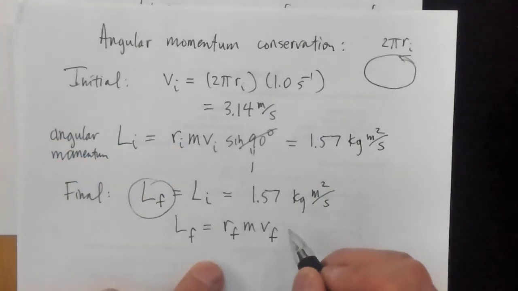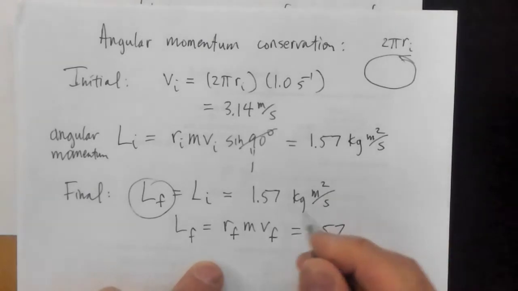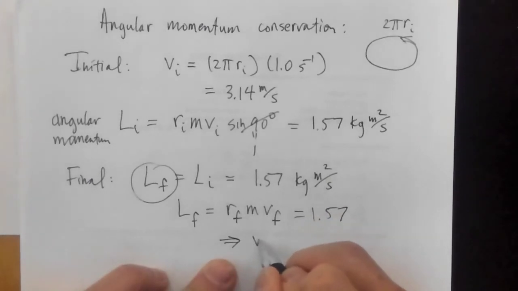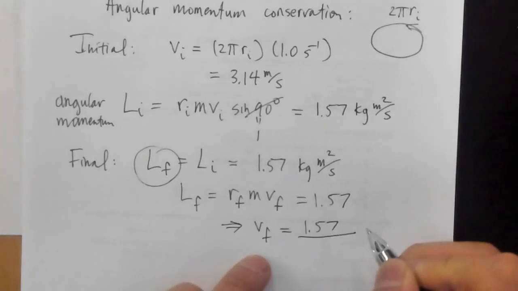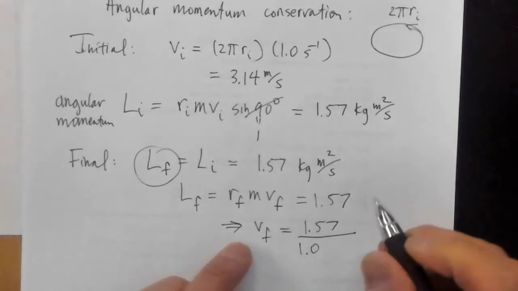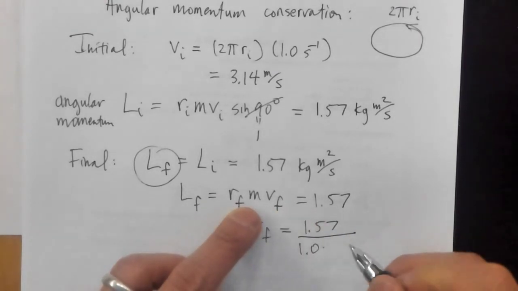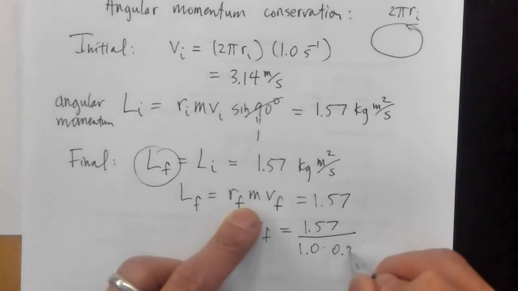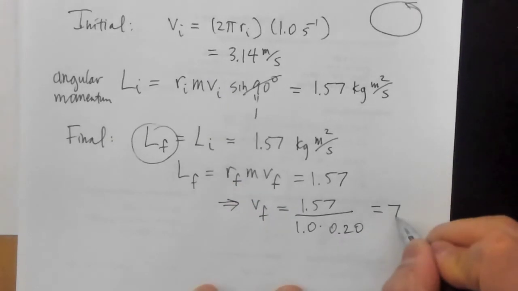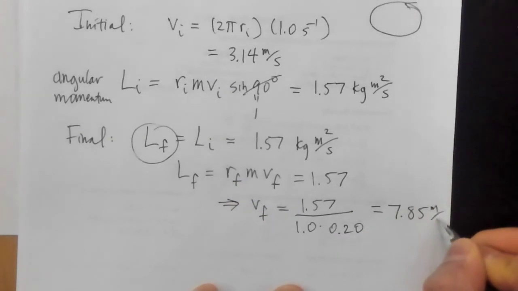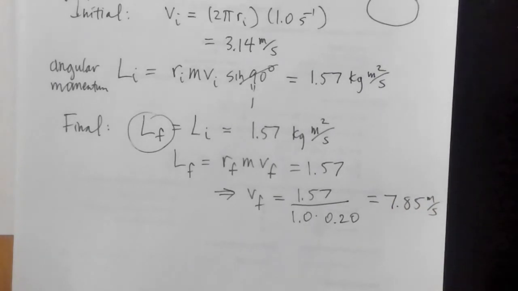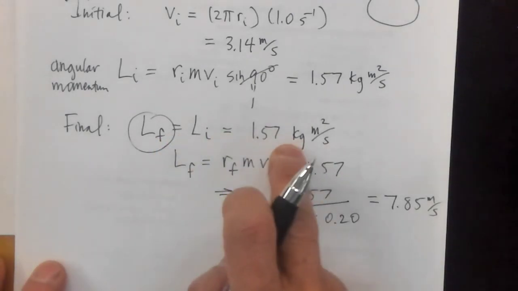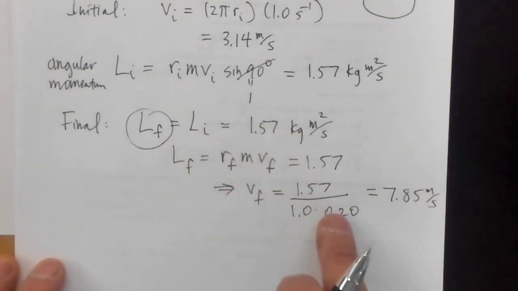So that means I can solve for the final velocity. Final velocity is 1.57 divided by the mass, which is 1.0, divided by the final radius, which is 0.20, and that comes out to 7.85 meters per second. Everybody okay with that? Okay. Angular momentum conservation tells you L_f is equal to 1.57, divided by r_f and m, you get v_f.